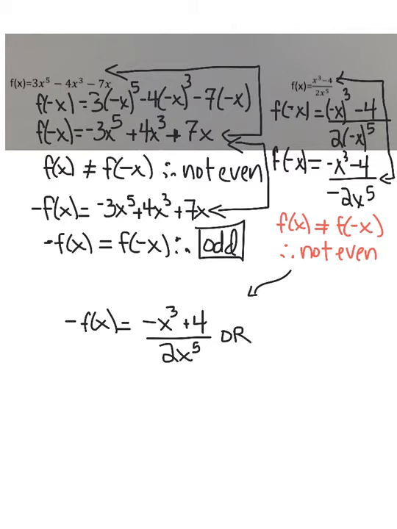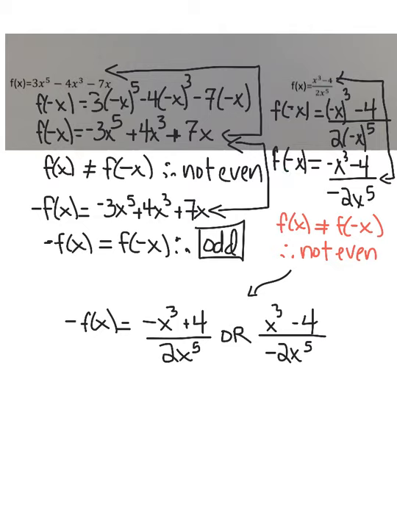Or if you prefer, you can leave the numerator alone, x cubed minus 4, and touch the denominator, change that one, negative 2x to the 5th. And there's your negative f of x. So it's either this one or this one. Now the goal is to look at one of these and see if it matches this guy right here, right? Because we want to see negative f of x, and we want to see if it's equal to f of negative x, because that would determine whether something's odd.